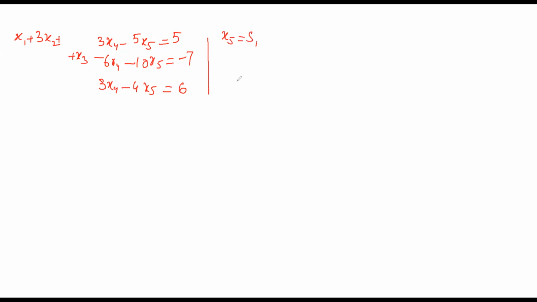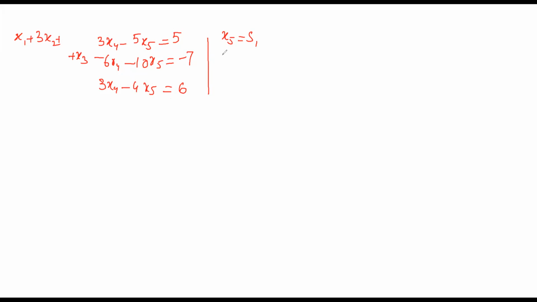s1. Okay, so that we can apply the back substitution method, because this system is in triangular format, but it is not a complete format. So it will be better if we assume x5 is equal to s1 and then find the values of x4 and the others in terms of the other variables. So if we assume x5 is equal to s1, then what will be the value of x4?